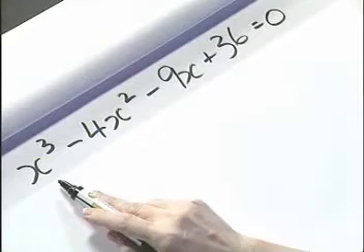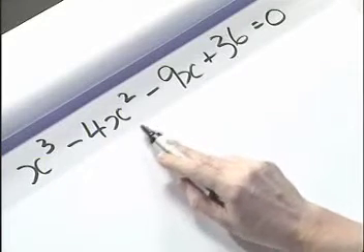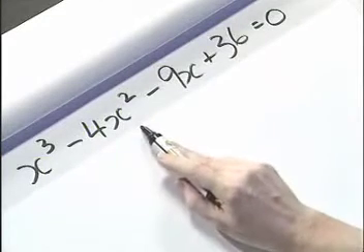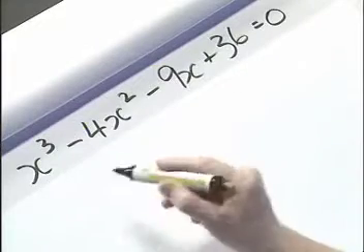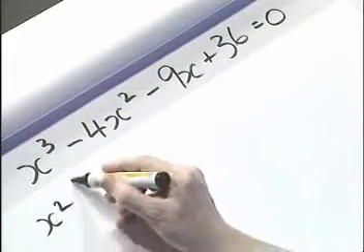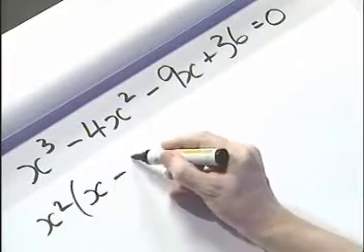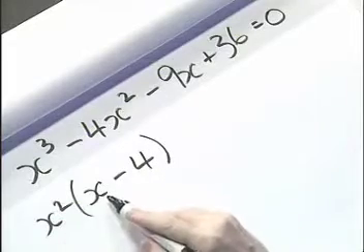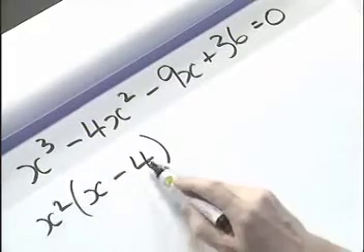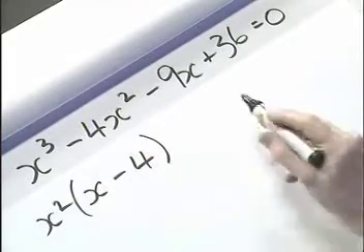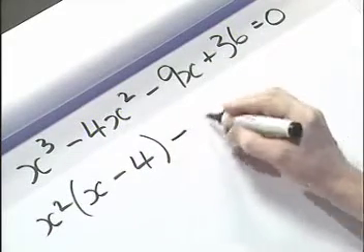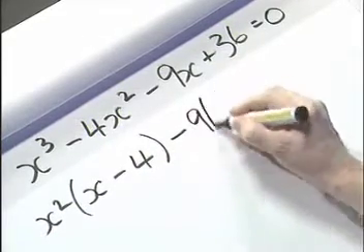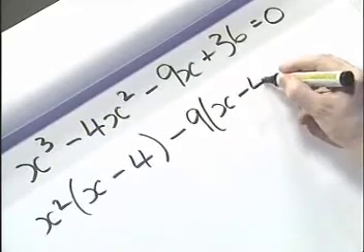This means that we're going to be able to take out x minus 4 as a factor from those two terms and those two terms. Those two terms are x squared times x minus 4. X squared times x is x cubed. X squared times minus 4 is minus 4x squared. Those two terms are minus 9 times x minus 4.